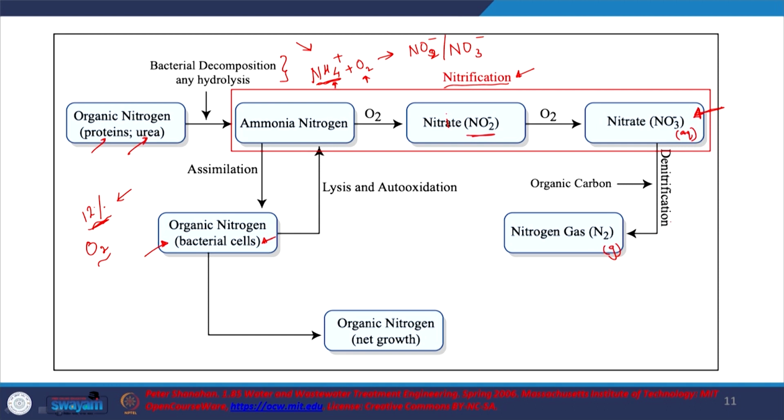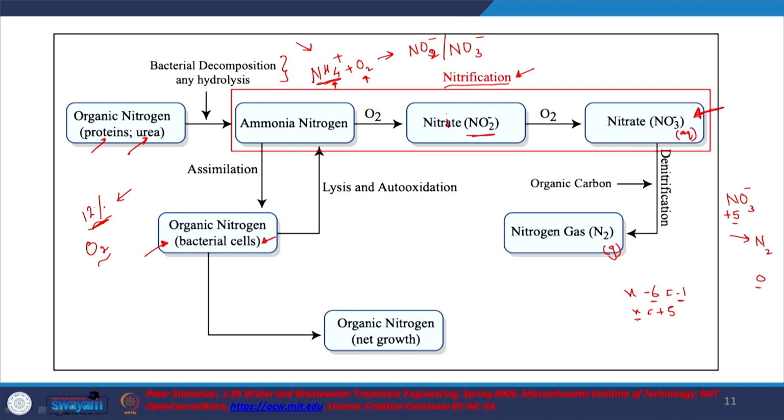But here, let us see what is happening. You have NO3 minus and you want that to go to N2, oxidation state 0. For nitrogen in NO3 minus, 3 times minus 2 is minus 6, x minus 6, and the total charge is minus 1.